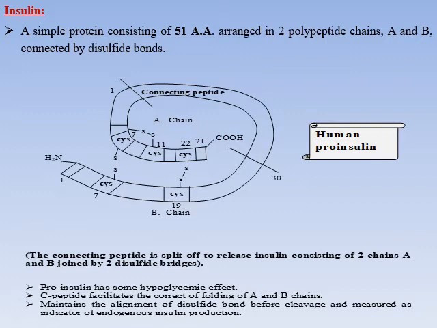The C peptide connects the two chains as well as gives the proper position or alignment of the disulfide bonds that connect between the two chains, and it acts as an indicator for endogenous insulin production.